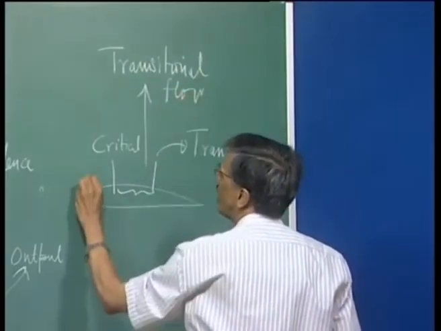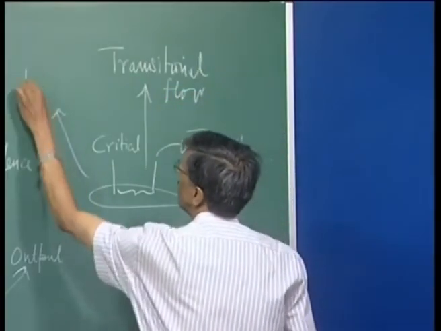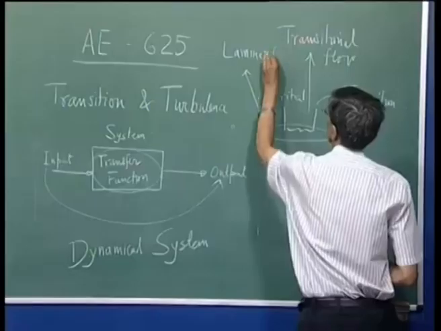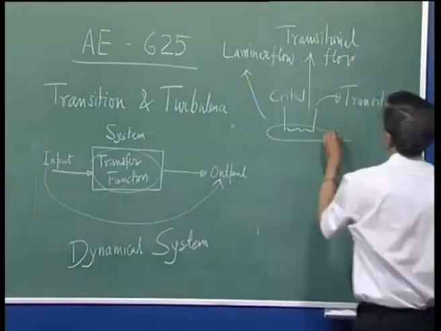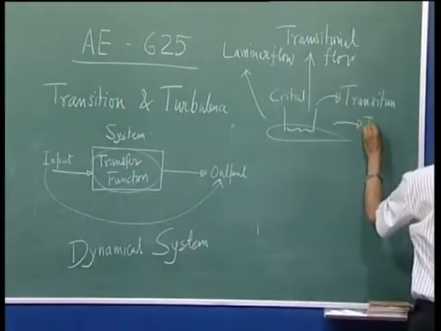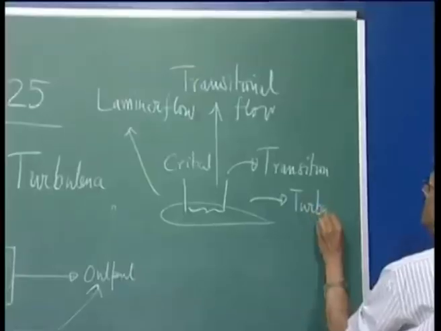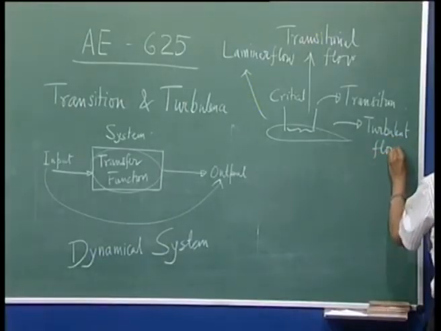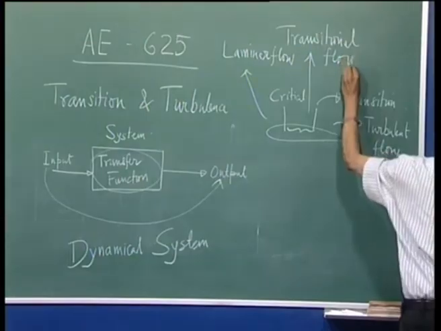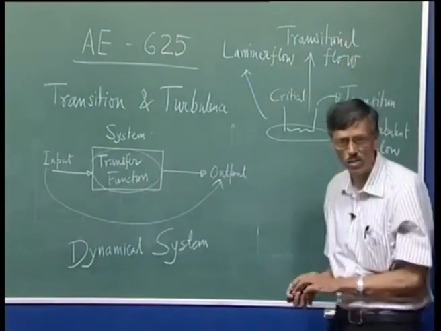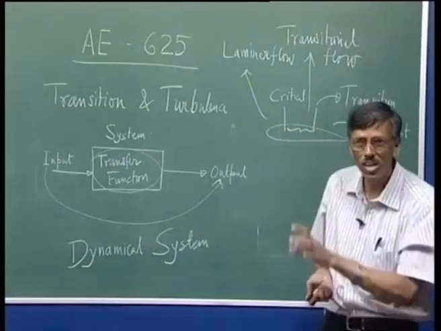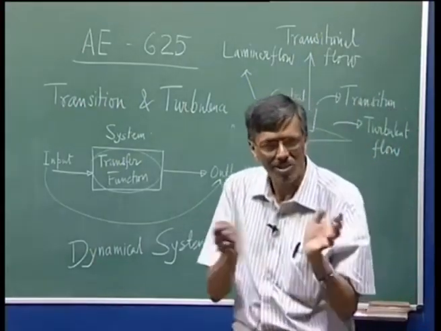So, on this side we have laminar flow, and on this side we have turbulent flow, and these two are bridged by transitional flow, right. So, it so happens that this region over which transition occurs is not trivial.